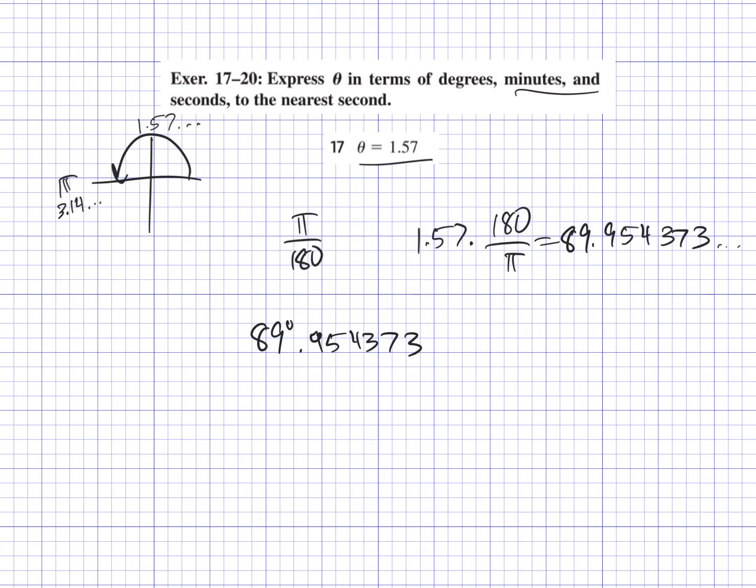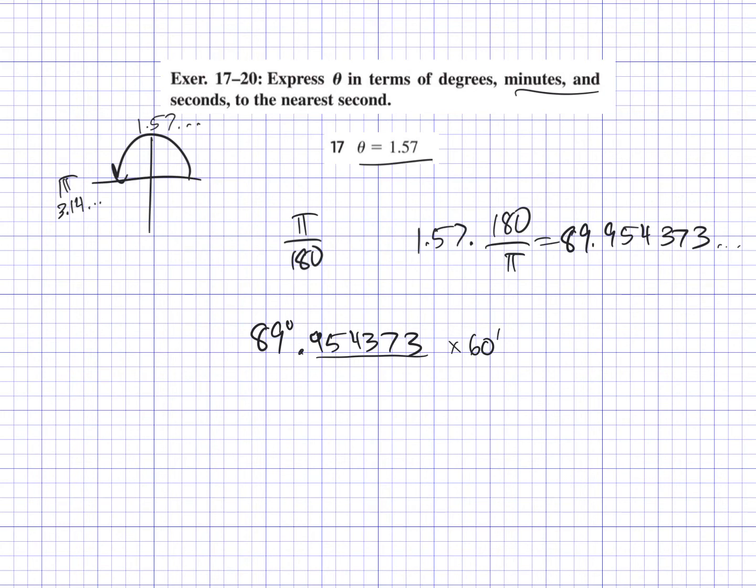Well, you take the decimal here and multiply that by 60, because that's 0.95, 95% of 60 minutes. That's what that's saying. So take your calculator and take that times 60.